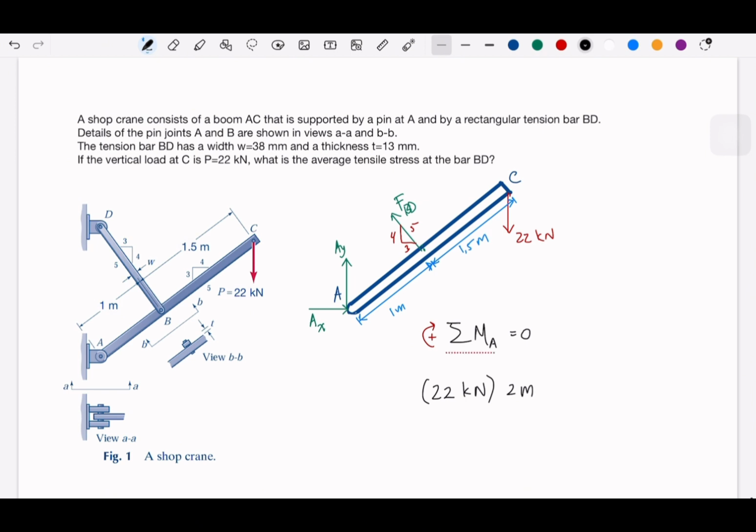Okay, it's positive. And then what else? The other one is the opposite, FBD. So minus FBD times 1 meter is equal to 0. So FBD is 44 kilonewton.